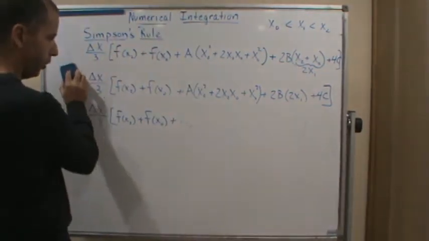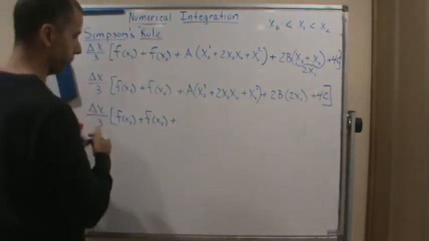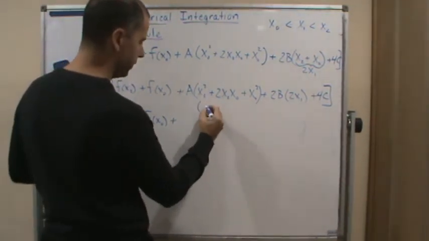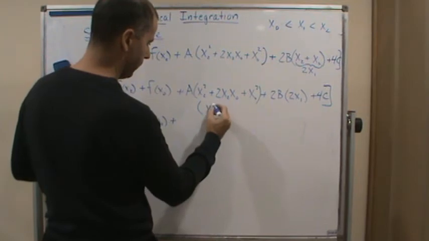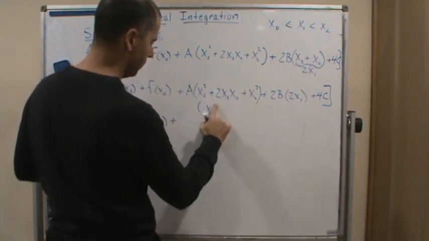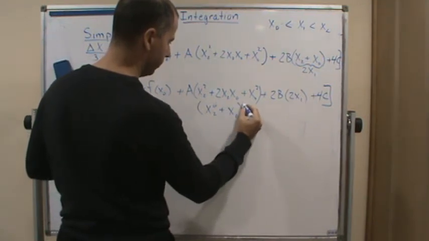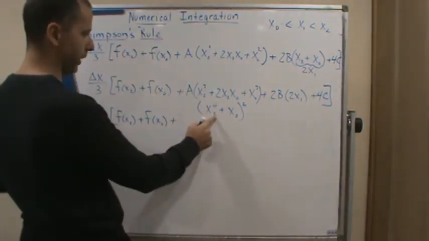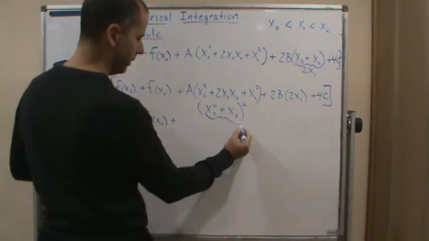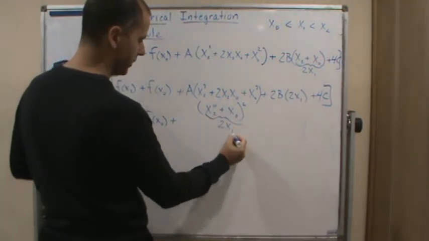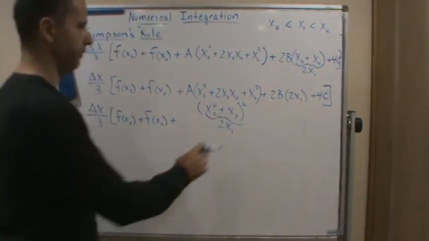So this gives me x2 plus x0 squared, because it's a perfect square. This is 2 times x1. That's where I made a mistake. I forgot the 2.